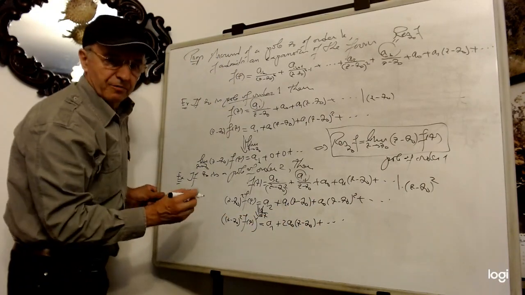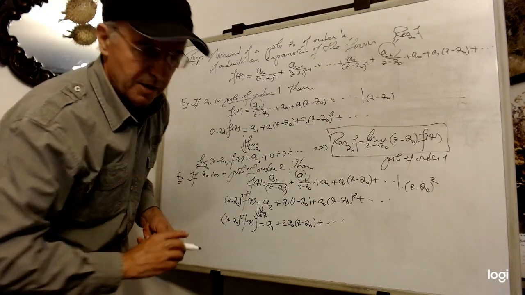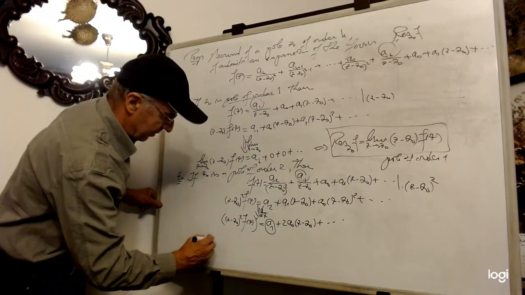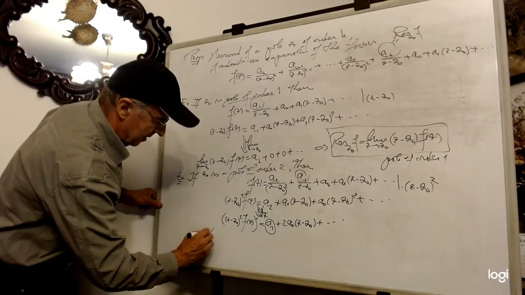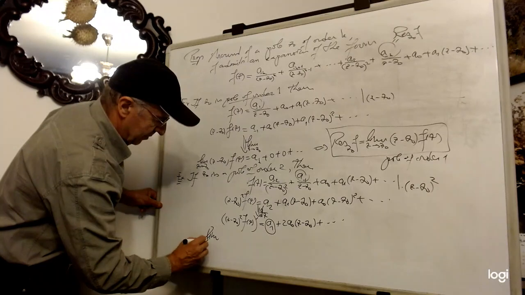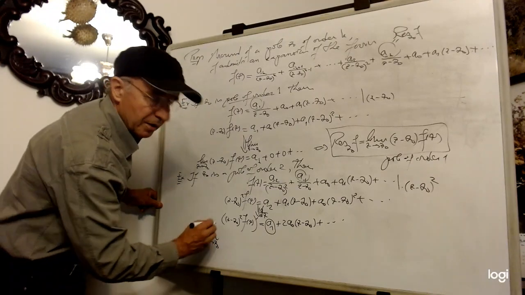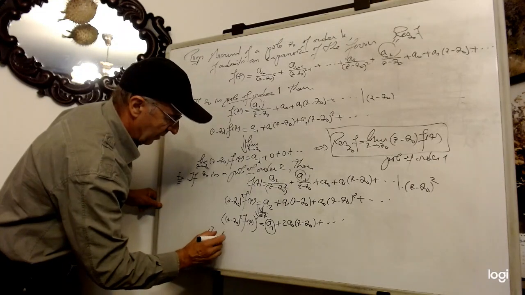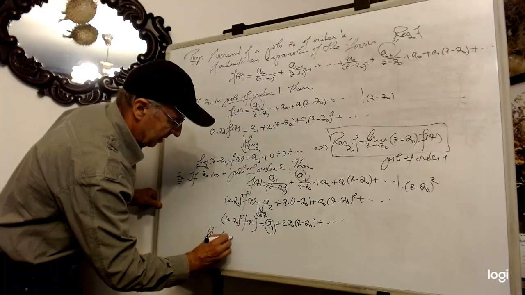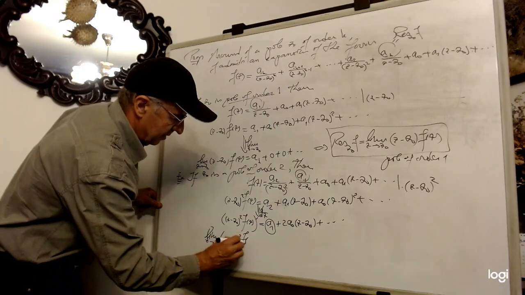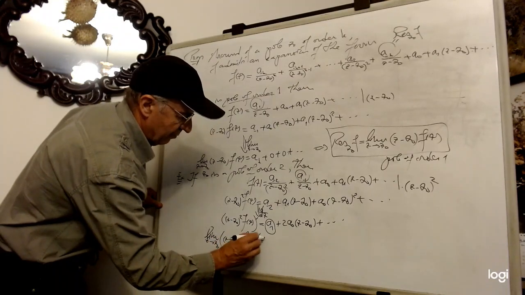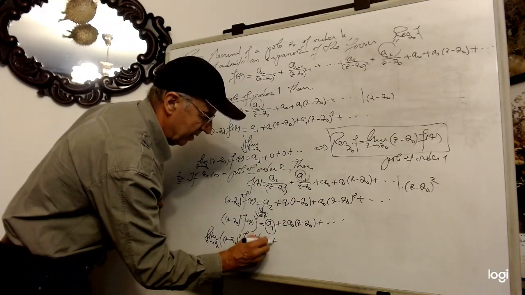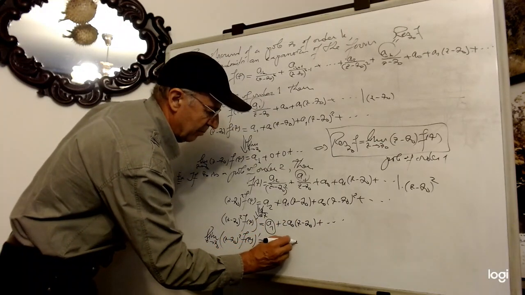From this we can express this coefficient: if we consider the limit for z going to z0 of the derivative of (z - z0)^2 f(z), the limit will be a_{-1} + 0 + 0 + and so on.